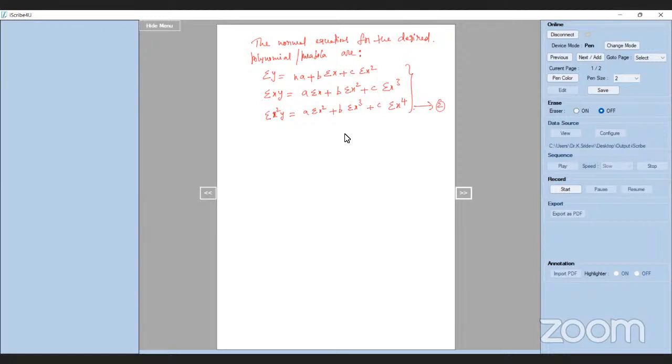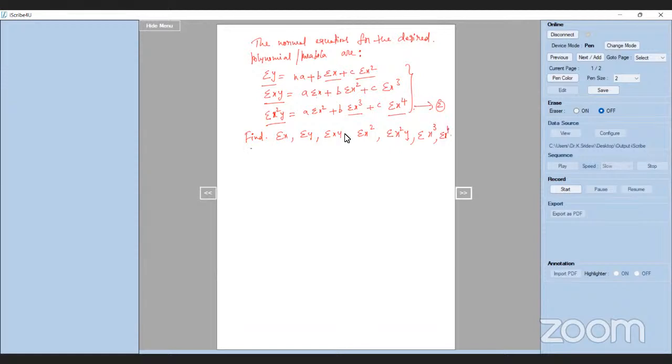Now we have to find the summation values. So find the required values, that is summation x, summation y, summation xy, then summation x square, and then summation x square y, and summation x cube, and finally summation x to the power 4.